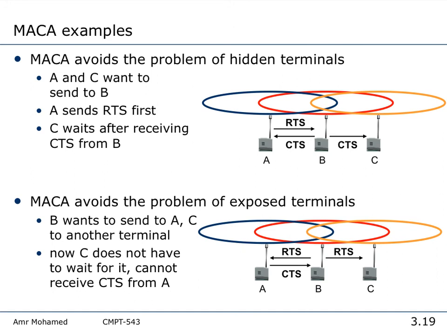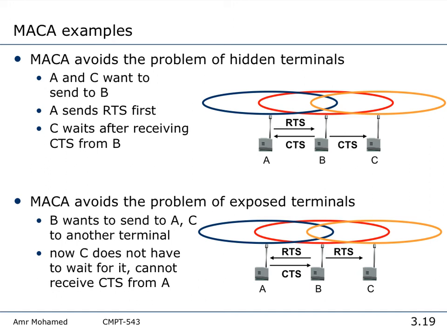So it's up to C now whether to perform NAV and sleep and not engage in any transmission, or it may actually say, well, if I send to D, what does this have to do with B transmitting to A? It doesn't. Then in that case, C may say, okay, I will move forward with that. And this is in fact what happens in the standards.